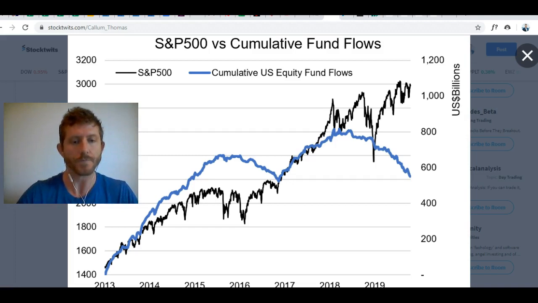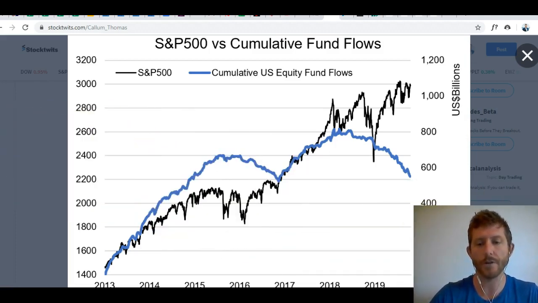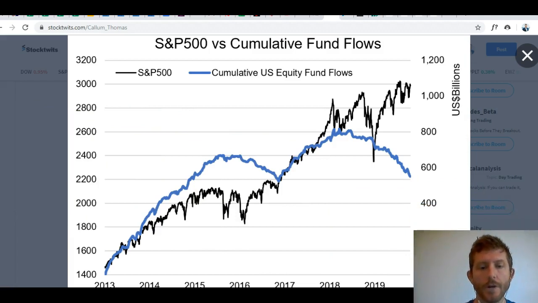As you can see, right now there's a disconnect between price and fund outflows. We've got fund outflows moving down and price is moving up, or kind of trading sideways at this point in time.